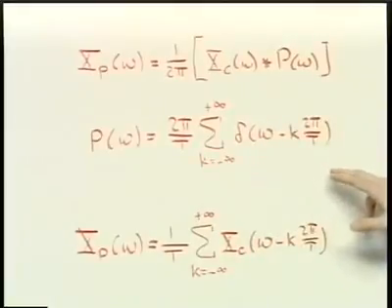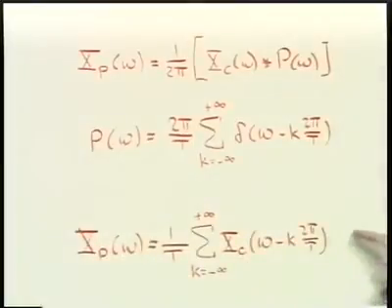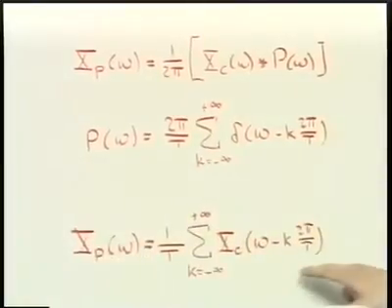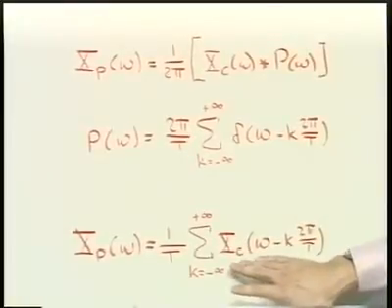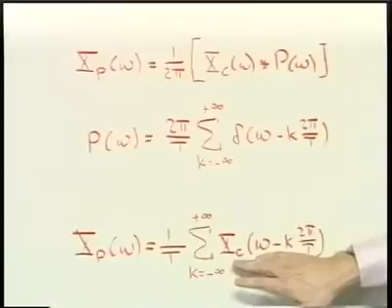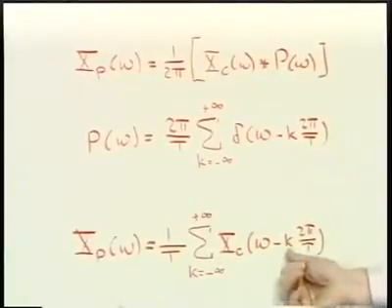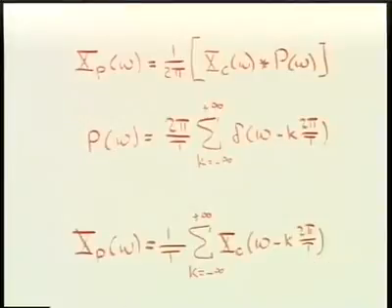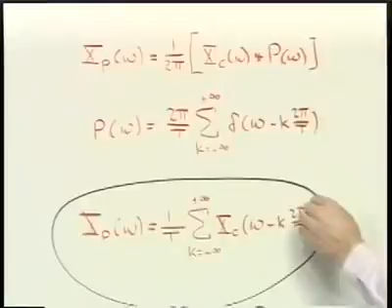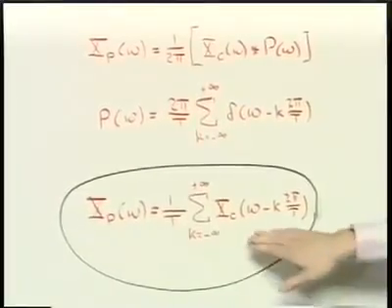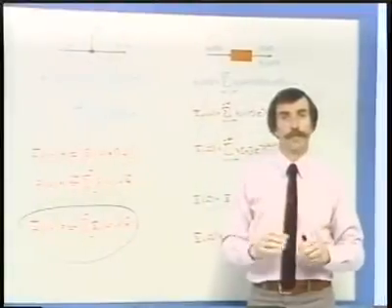Finally, what we end up with is a Fourier transform after the sampling process, which is the original Fourier transform of the continuous signal, but added to itself, shifted by integer multiples of the sampling frequency. And so this is the basic equation that tells us in the frequency domain what happens through the first part of this two-step process.